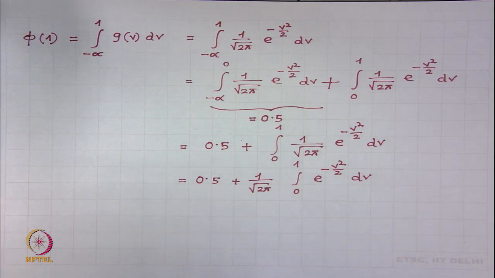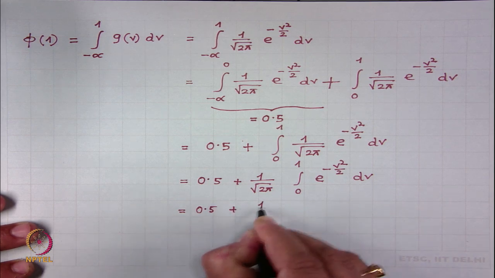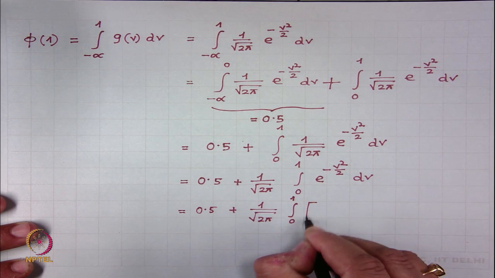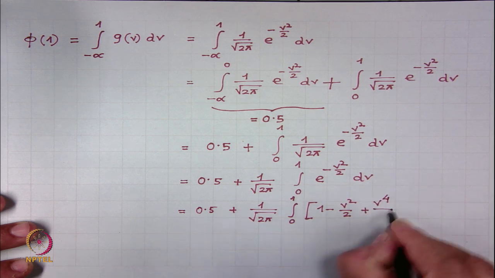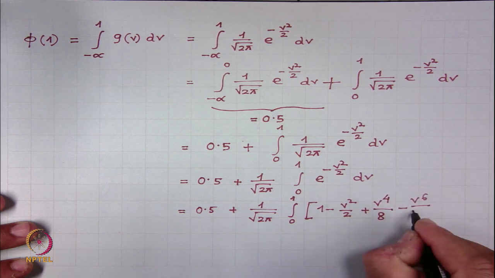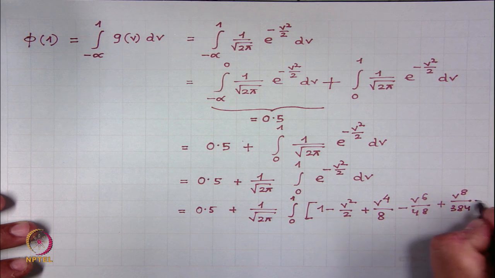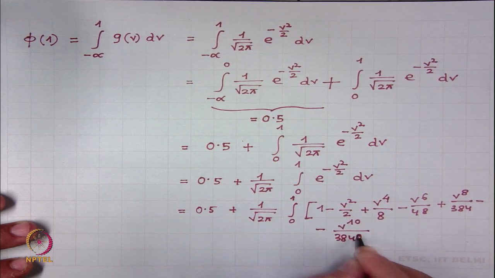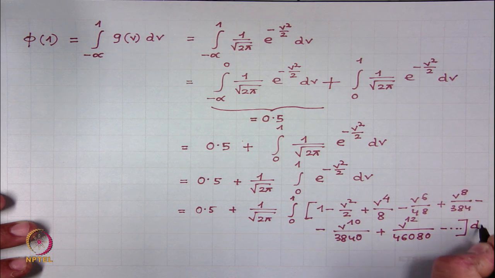We know the series expansion of e to the power x, the same formula we will apply here: 0.5 plus 1 by root 2 pi, integration 0 to 1 of 1 minus v square by 2 plus v to the power 4 by 8 minus v to the power 6 by 48 plus v to the power 8 by 384 minus v to the power 10 by 3840 plus v to the power 12 by 46080 minus likewise, into dv.